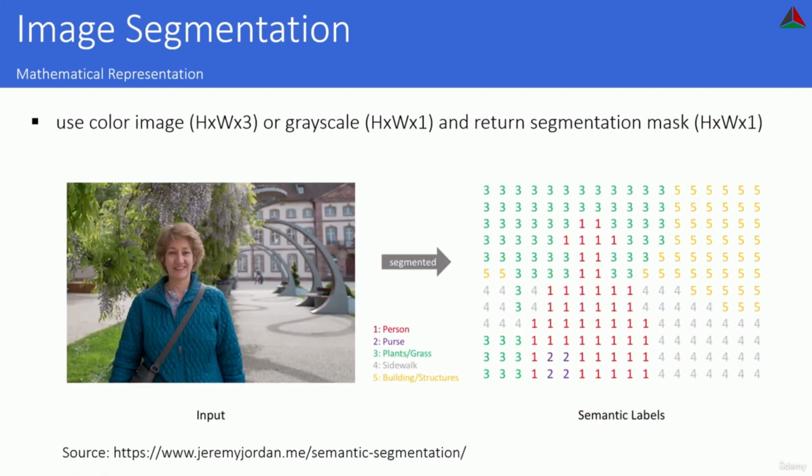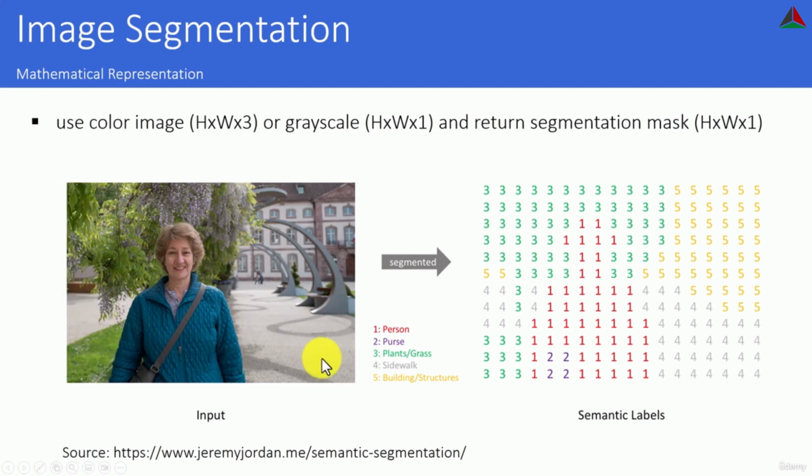Before we go into different kinds of image segmentation, I want to show you just on a high level what the mathematical representation of this technique is. And actually it's not too complicated. Imagine you have some input image, which is shown here at the left-hand side.